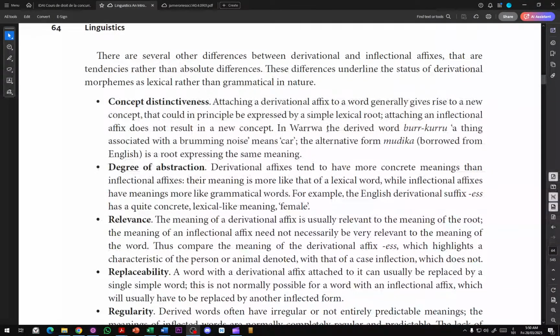In Warwa, the derived word borkuru, a thing associated with a brumming noise, means car. The alternative form mudika, borrowed from English, is a root expressing the same meaning.